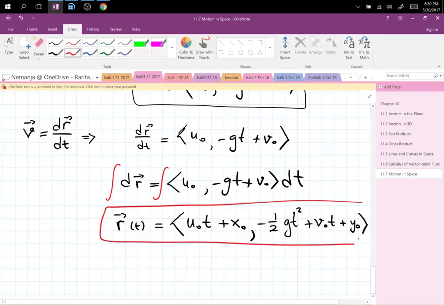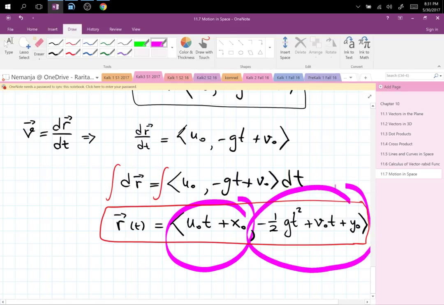And I'm boxing this one red. You have two components. First component, right? And the second component right here. So what is the first component?